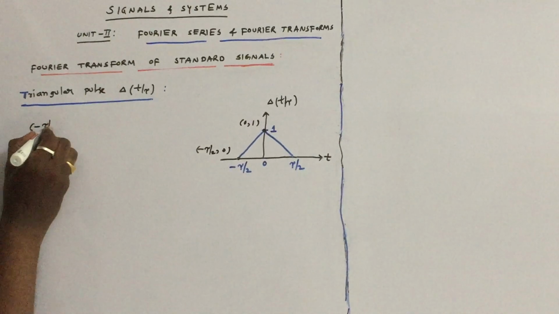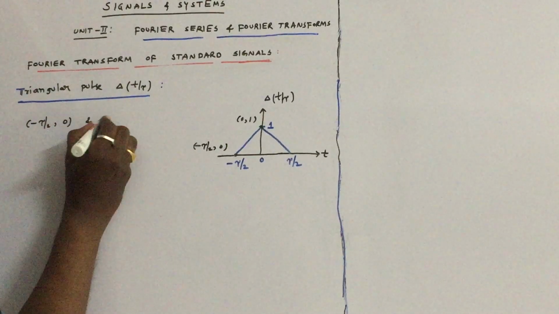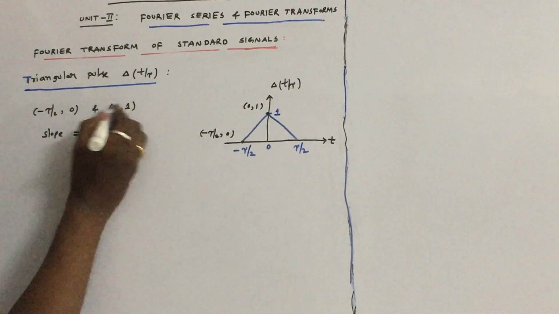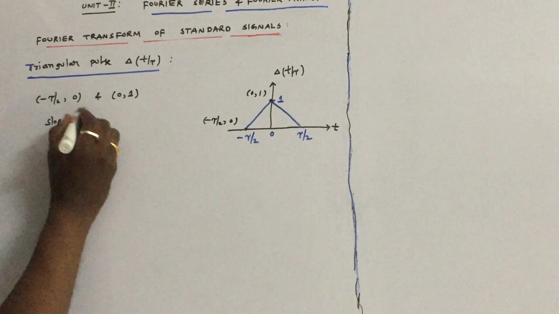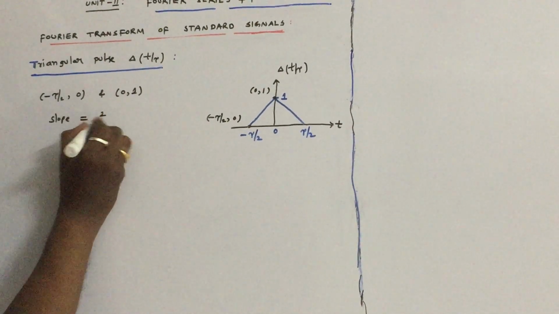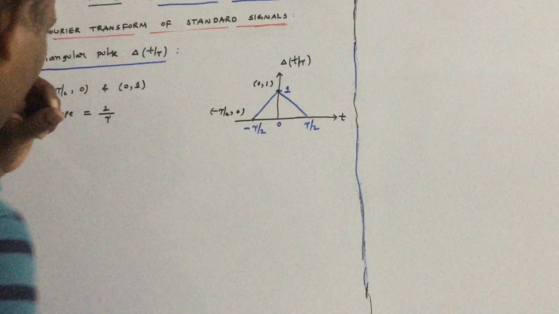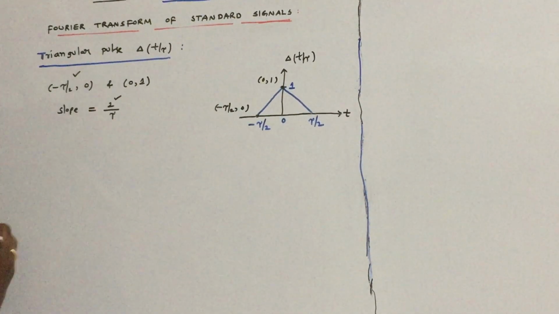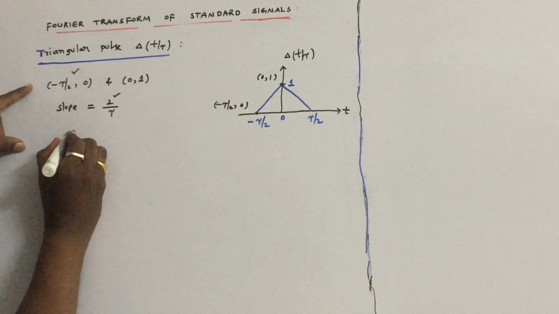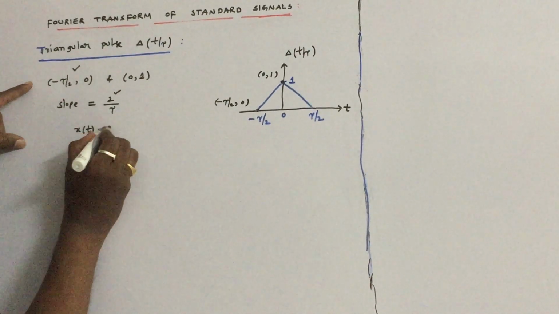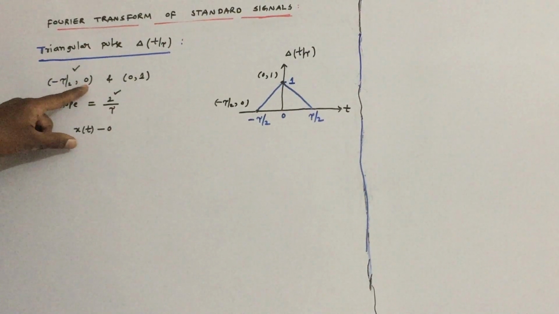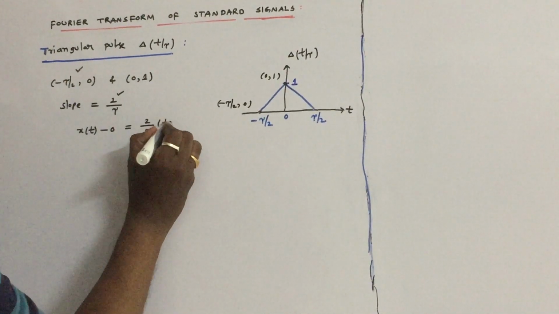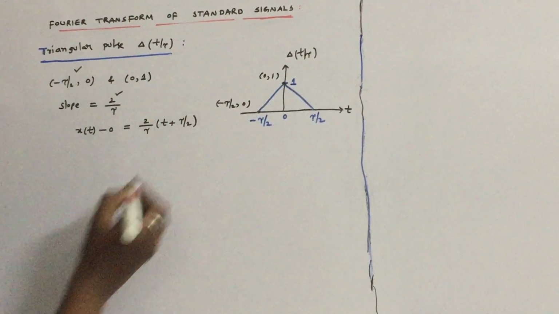So minus τ/2 comma 0 is one point and 0 comma 1 is the other point. What is the slope? 1 minus 0 over τ/2, which becomes 2/τ. The slope is positive, 2/τ. So what is the equation with this point and this slope? x(t) minus 0 is equal to the slope 2/τ into (t plus τ/2).